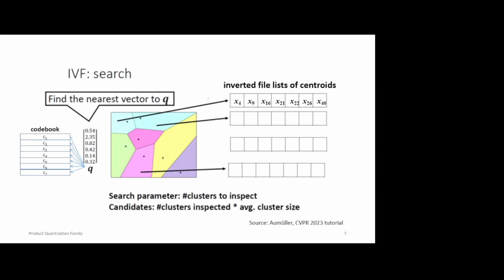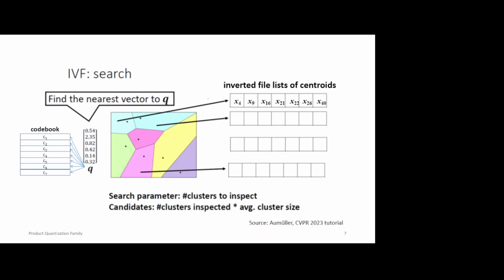All the data is represented by your centroid. So if you only rely on the distance between the query and the centroid, it's not very accurate. So maybe you should consider top 2 or top 3 clusters, and then inspect all their inverted files.